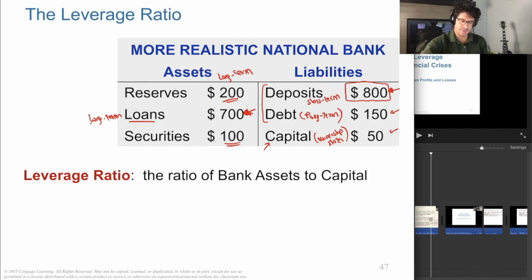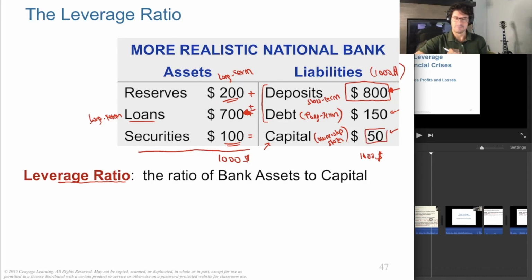Well, we can use the leverage ratio, which is given by the ratio of the bank assets. Here the bank assets are equal to 1,000. So we have $1,000 of bank assets. Of course, we have $1,000 in liabilities, but the question is how many of these $1,000 liabilities are constituted by capital.